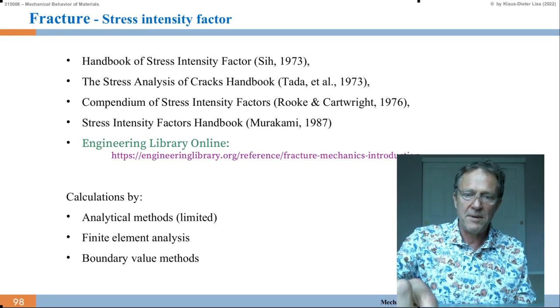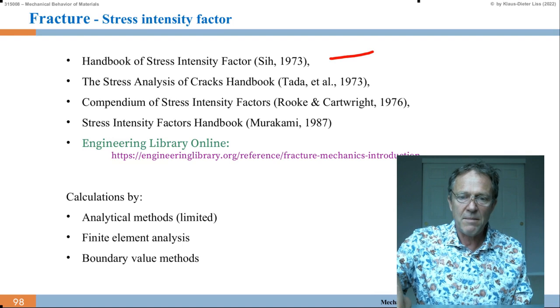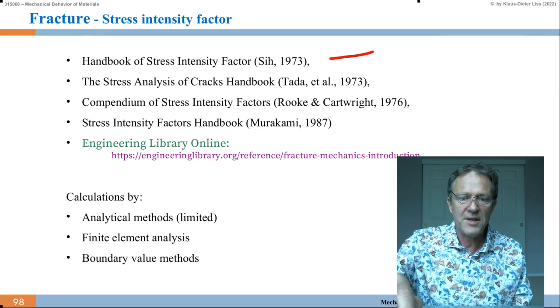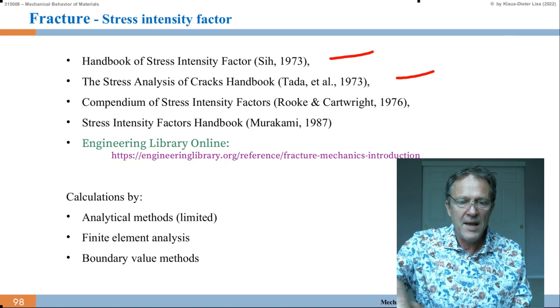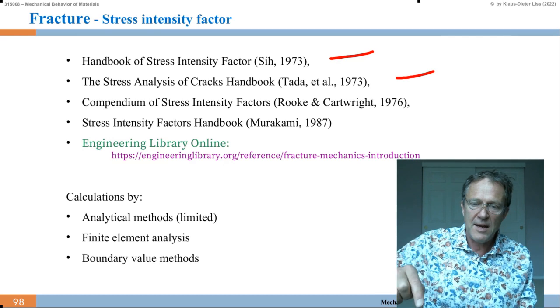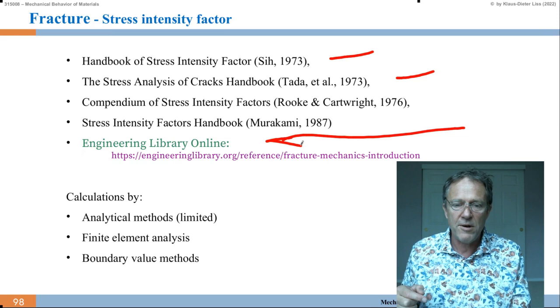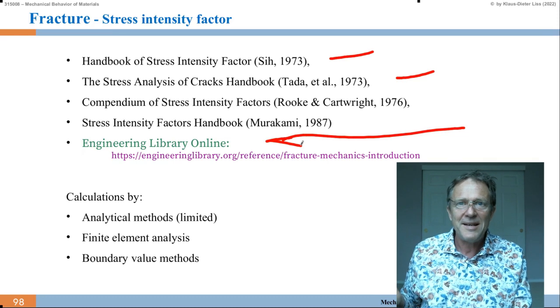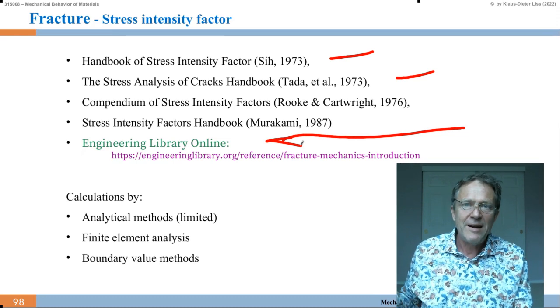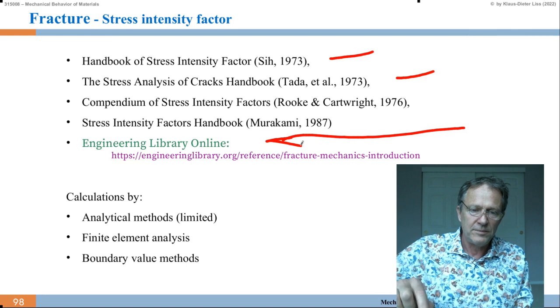There are, for example, numbers and a little bit of introduction in the Handbook of Stress Intensity Factors, the Stress Analysis of Cracks Handbook, and so on. You can read the tables. I added this here today, Engineering Library Online. As said at the beginning of the course, the Internet is a very big help.